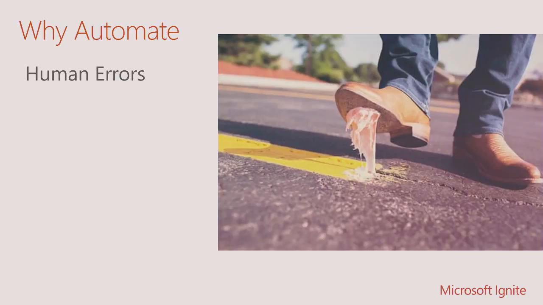If you get a call at 4:45 on a Friday afternoon and you need to deploy something, you're not thinking about doing that piece of work that's got a 50-point checklist. You're thinking about going to the footy or going out to dinner or going to the movies or what you're doing on the weekend. I've accidentally deployed patches to servers in my old life on a Friday afternoon by mistake, because it's easy to do when you're doing it as a human, because sometimes we just make mistakes.